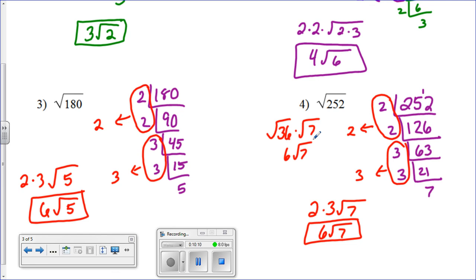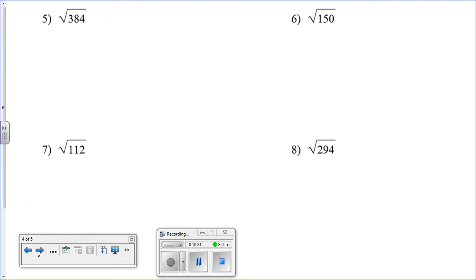And that would have been fine. You can do it that way. However, for some people, remembering what the perfect squares are is difficult. And when the numbers get large like this, and you know numbers can be even larger than this, it gets a little tricky. So this prime factorization method is great because it always works.